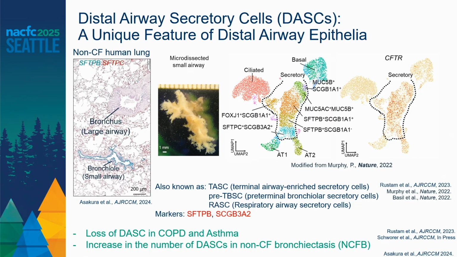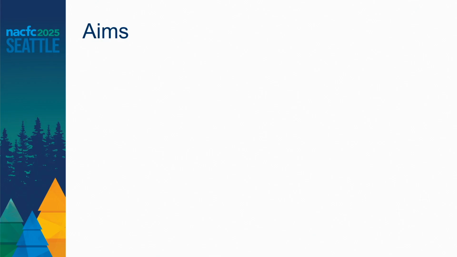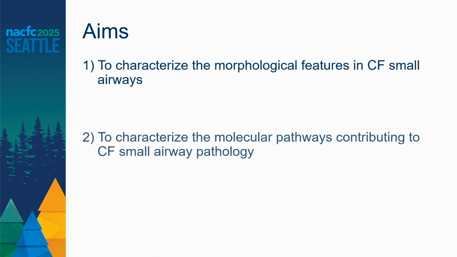But so far, there are no reports focusing on the CF small airways. So in this study, we aimed to connect the information of morphometric changes in CF small airways with what types of changes occur in small airway epithelial cell layer features, including DASC populations.